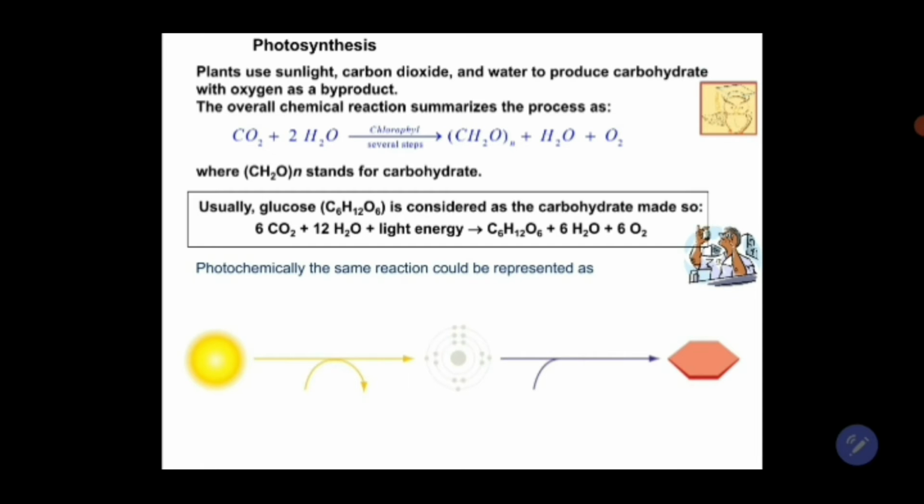So the reaction could be written like this. This is the basic thing, but if you want to relate photosynthesis with photochemistry, you are supposed to write it like this. Sunlight energy is converted to chemical energy by the absorption of light in the presence of water, which produces oxygen, and along with that there is the production of chemical energy, ATP and NADPH.